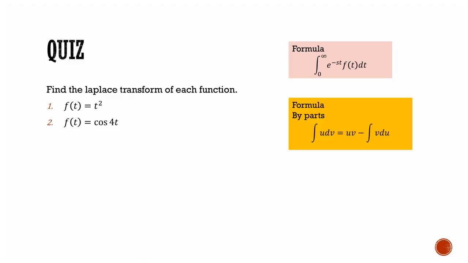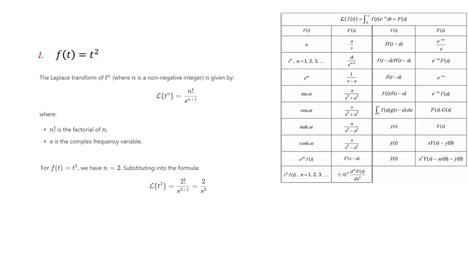The first function is f(t) equals t squared. The second function is f(t) equals cosine 4t. This can be calculated using the formula or by the table as given before. Here is the solution for the Laplace transform of f(t) equals t squared.